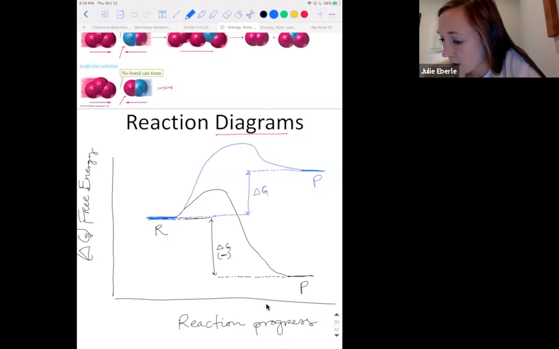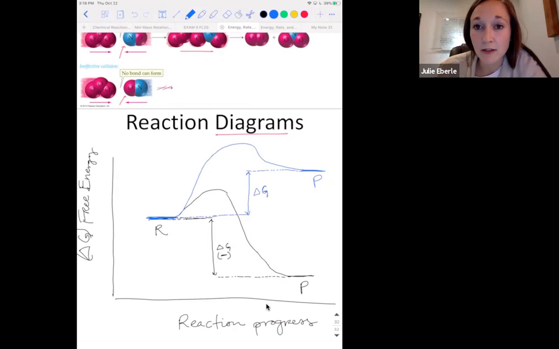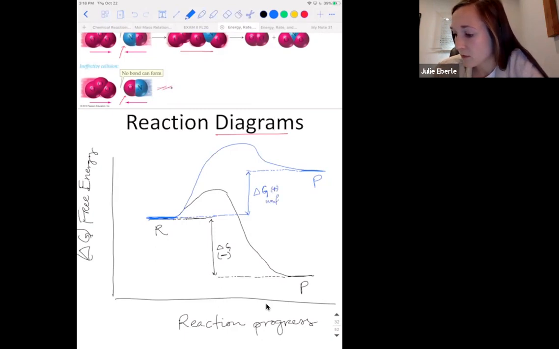Now, what can you comment or say about this reaction? Is it favorable or unfavorable? Delta G here is positive, and we know that is unfavorable. We said this one down here was favorable.